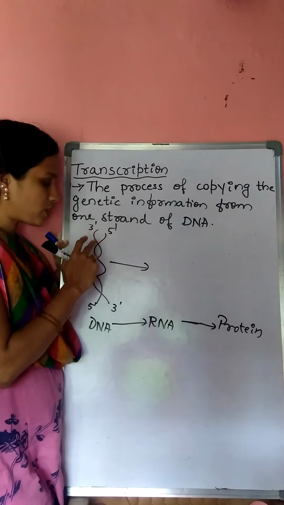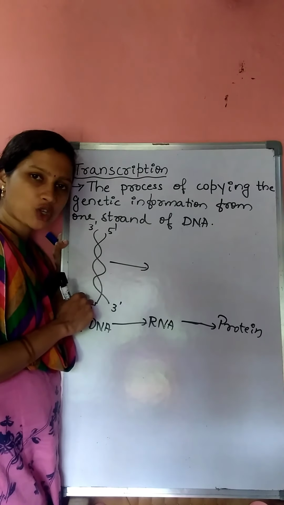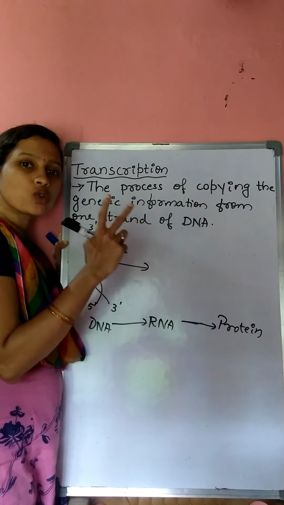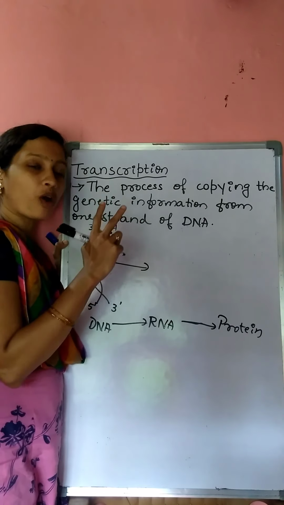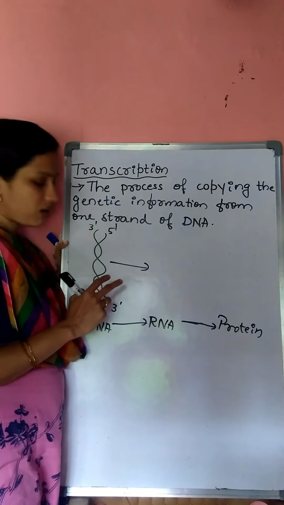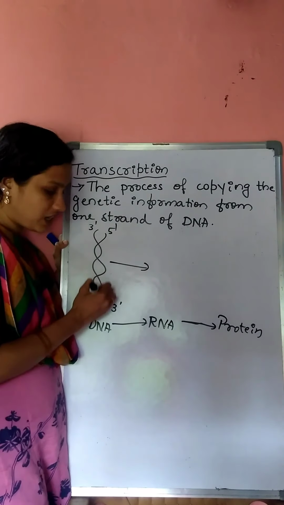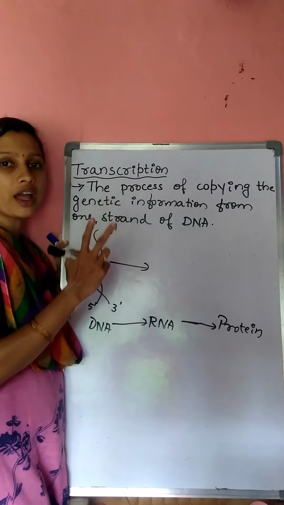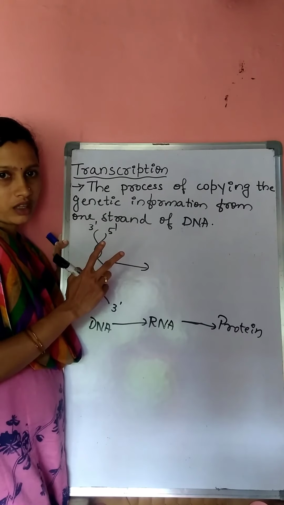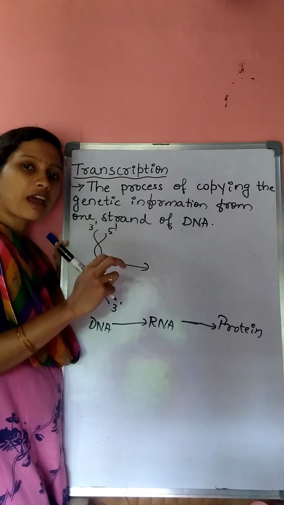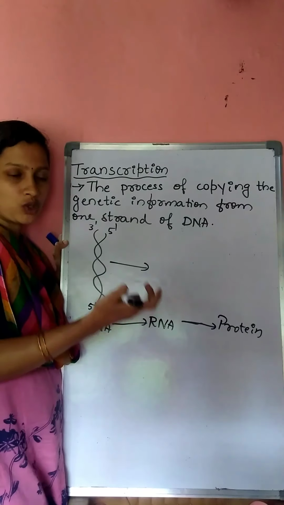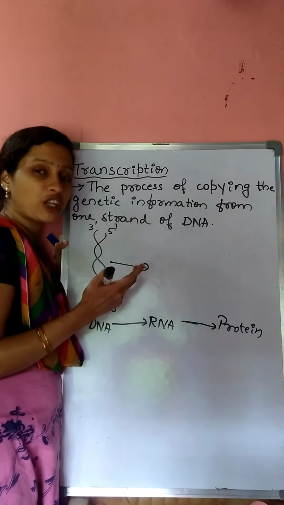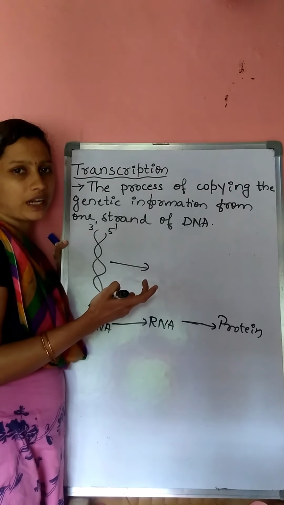Involvement of two strands of DNA during transcription may synthesize two polynucleotide strands of RNA, that is, two RNA molecules, and these two RNA molecules have different sequences of nitrogen bases or nucleotides.